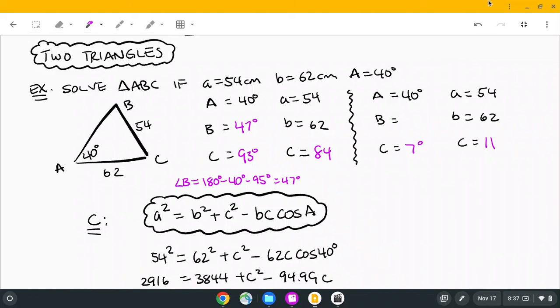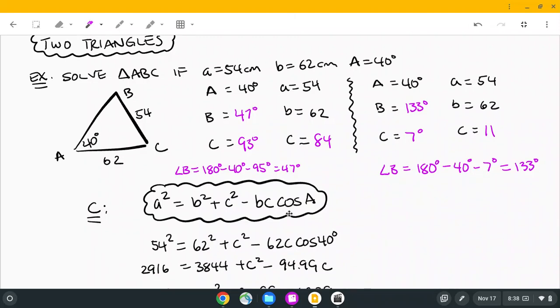Now we can find angle B. Angle B in this triangle is going to be 180 minus 40 minus 7, which gives us 133 degrees. So that's how you can do the ambiguous case where you have two triangles.